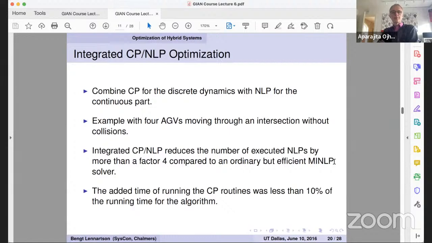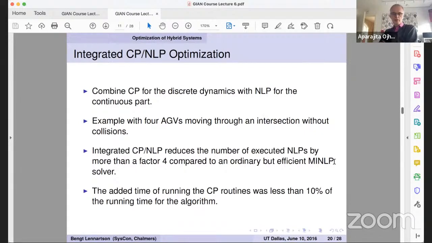We looked specifically at 4 AGVs moving through an intersection without collisions, and integrated CP NLP reduces the number of executed NLPs by more than a factor 4 compared to ordinary efficient MINLP solvers.